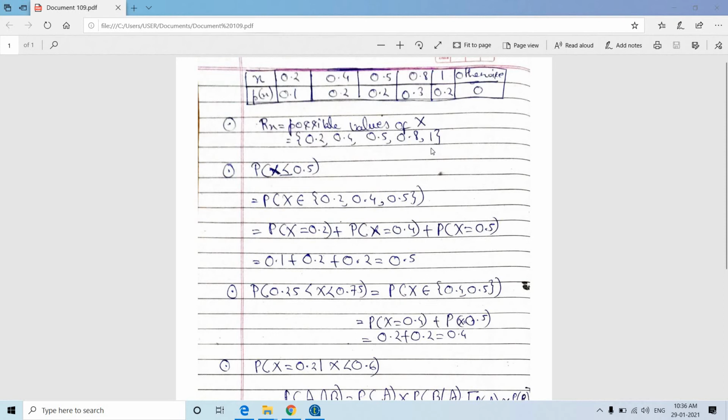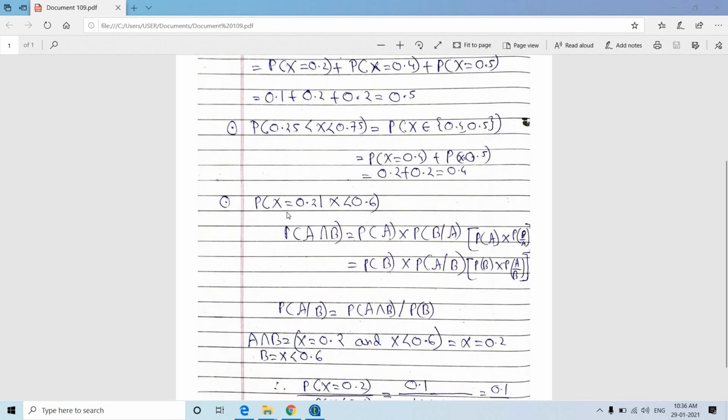So we just add the probabilities corresponding to 0.4 and 0.5, which is 0.2 plus 0.2, which is 0.4. Simple, right? Like this, I hope you can calculate.